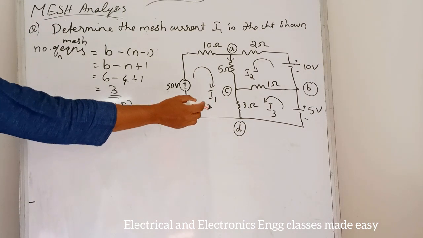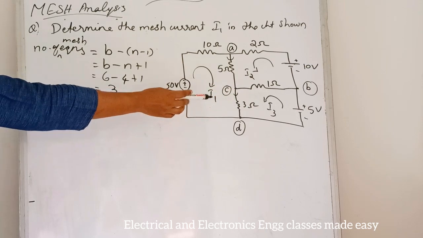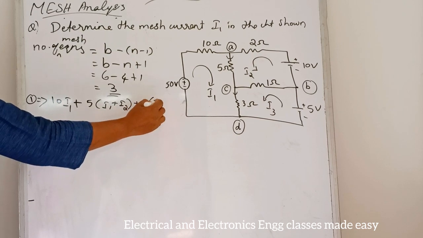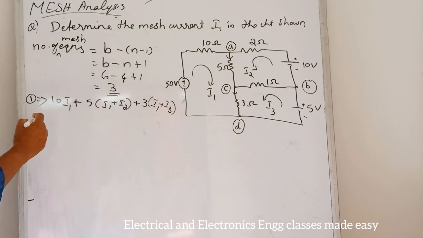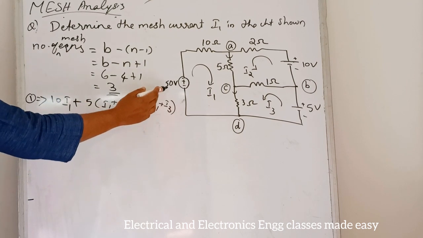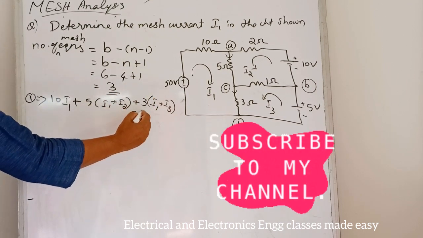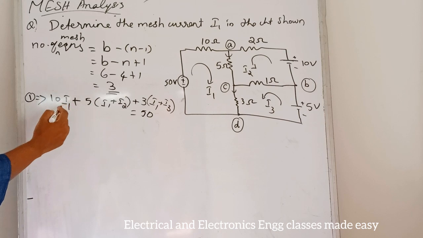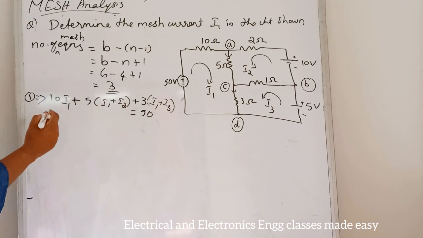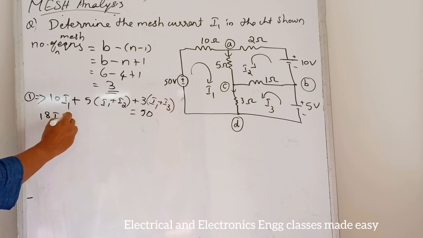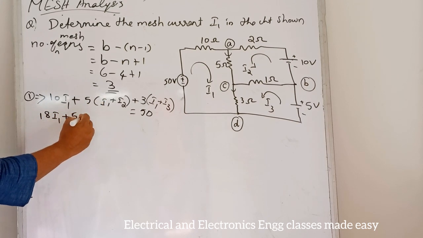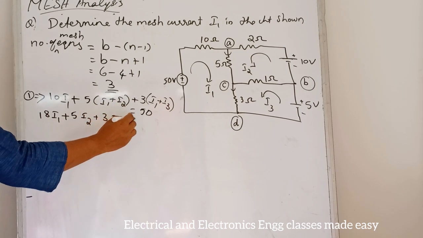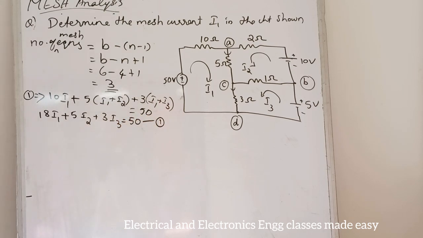Then through the 3 ohm resistor, the current flowing is I1 plus I3, so plus 3 into (I1 plus I3). Here there is a voltage also, so we equate it to 50. Now rearranging, we get 10 plus 5 plus 3, that is 18 I1, plus 5 I2 plus 3 I3 equal to 50. So this is the first equation.